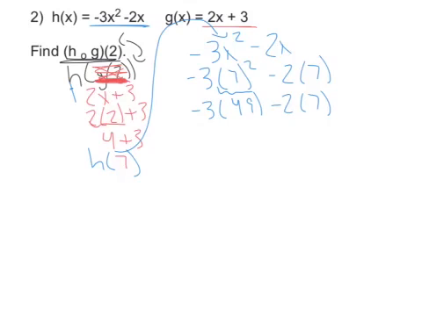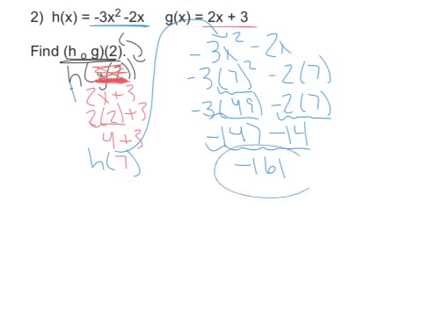And then we're going to multiply. So negative 3 times 49 is negative 147. And negative 2 times 7 is negative 14. Then we're going to say negative 147 minus 14 is negative 161. This is your final answer.